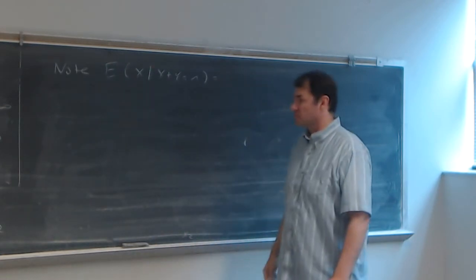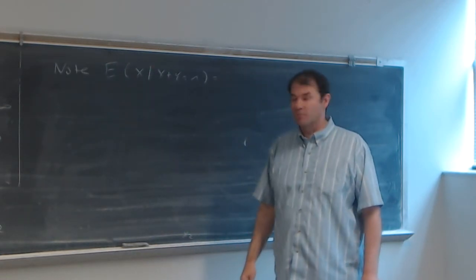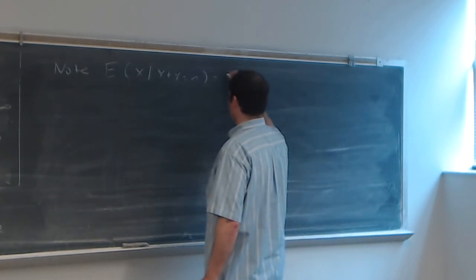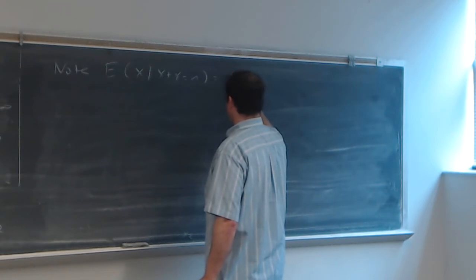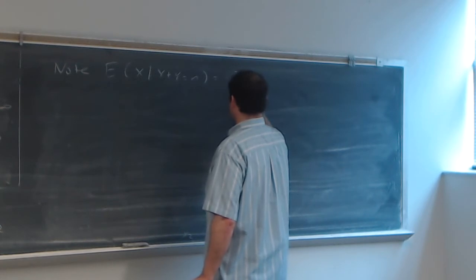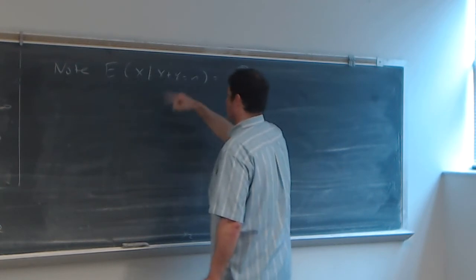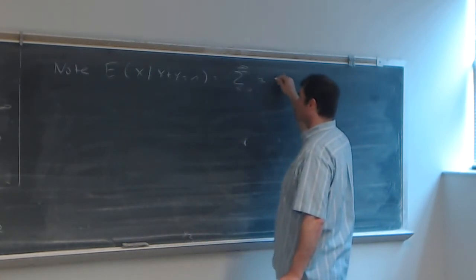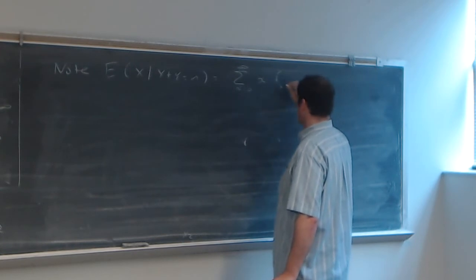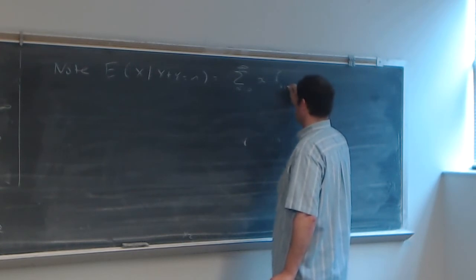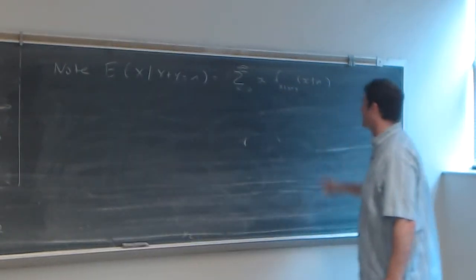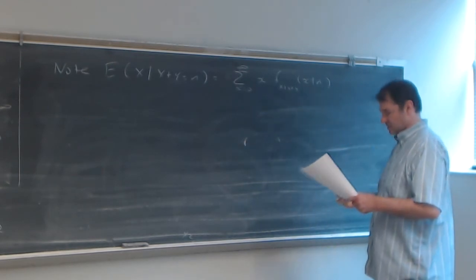By our definition, with us using here discrete random variables, this is going to be equal to the sum over all x values, so they're Poisson, they run from 0 to infinity, of x times the conditional probability mass function of x given x plus y equals n. That's what we have. So let's think about what this is.